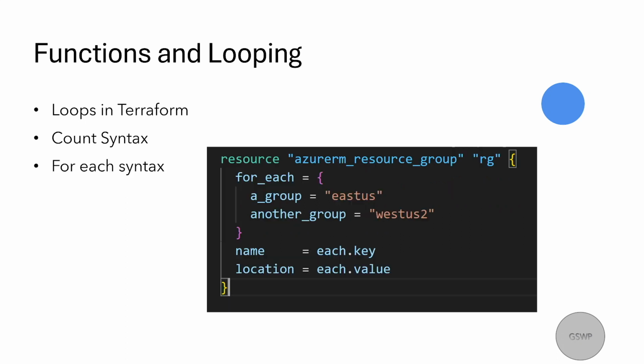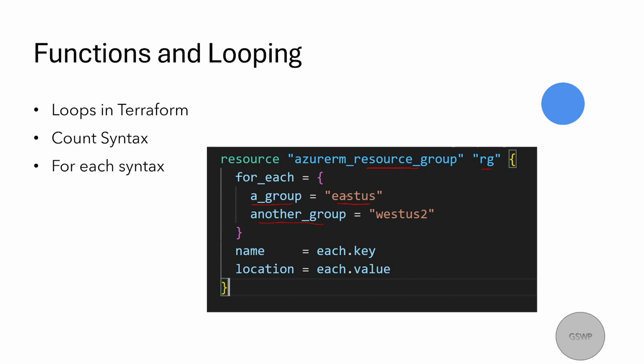There is one more, which is the for each syntax. In the for each syntax, you can see I'm trying to create two resource groups. One is a resource group, one is another resource group, and the property I am trying to change is the location.